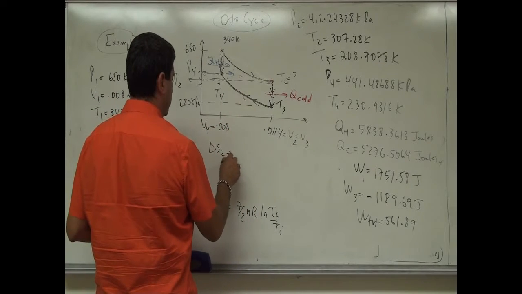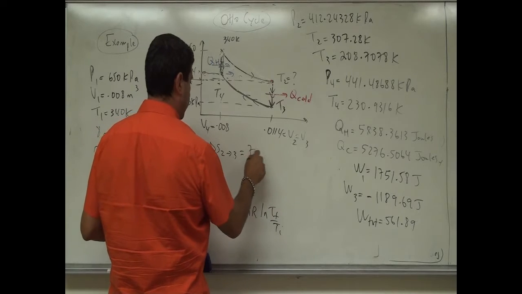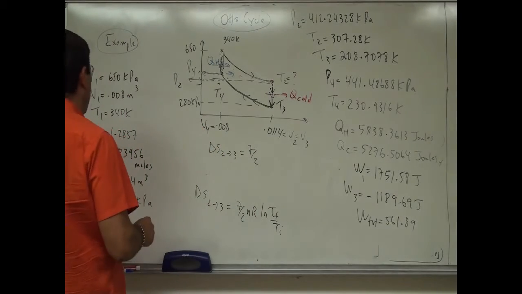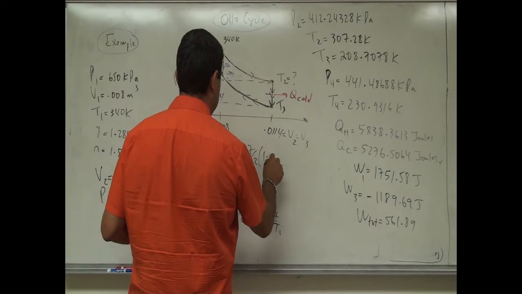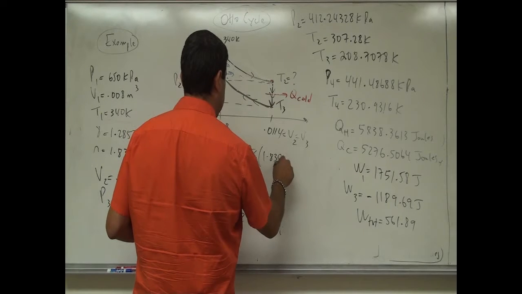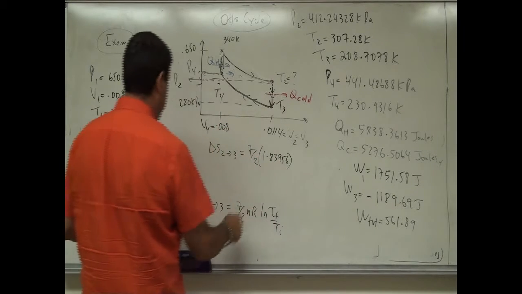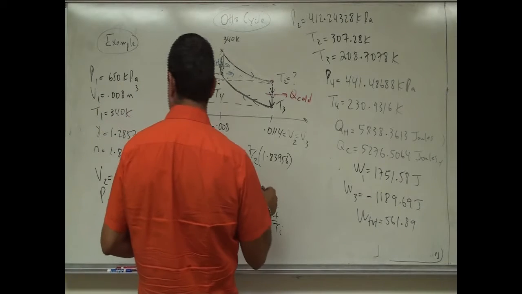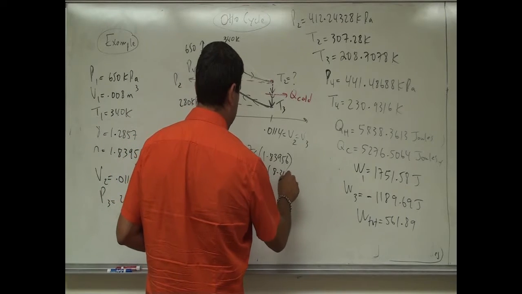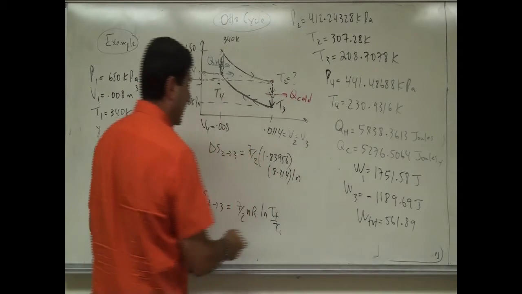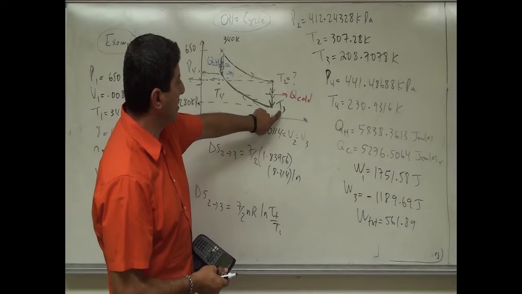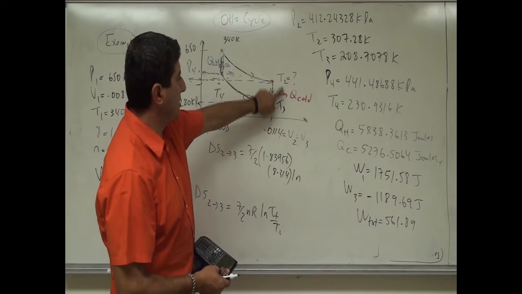Delta S 2 to 3 is going to be 7/2 times n, which is 1.83956, times R, which is 8.314, times ln of T final over T initial. So T final is going to be T3, and T initial is going to be T2.